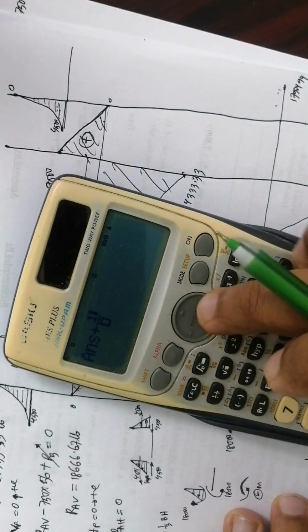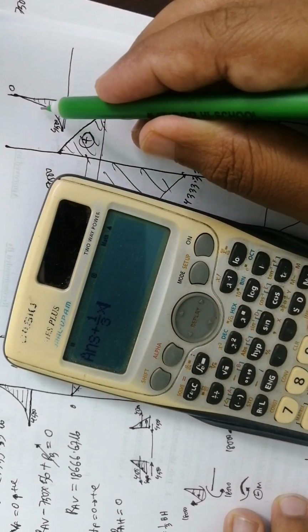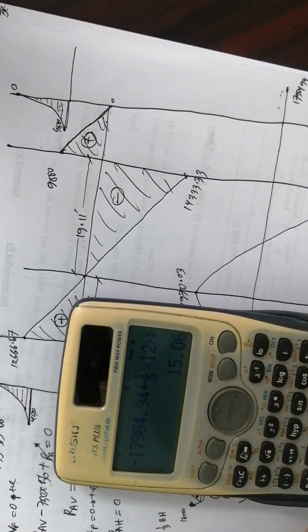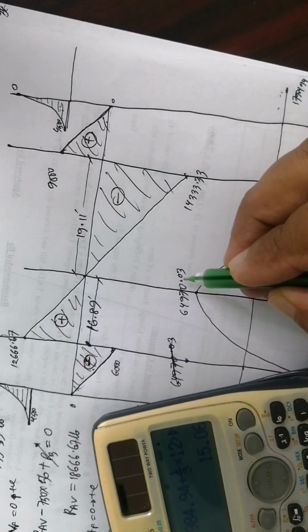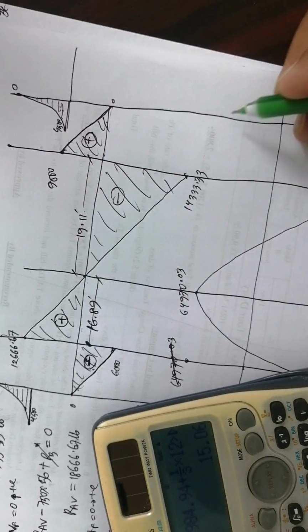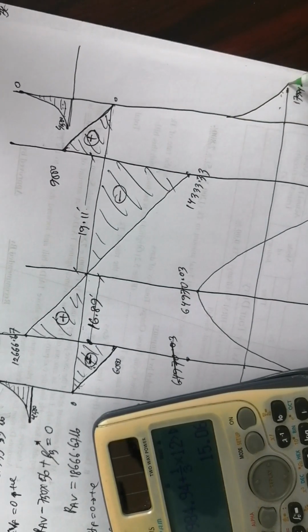1/3 of B, B means 12 feet, into H means 4500. There is some difference because of this fraction and this distance. So we take it as 0.